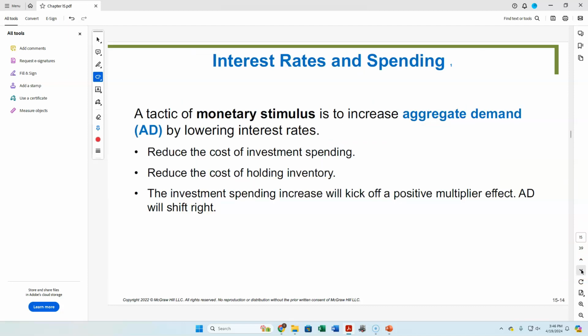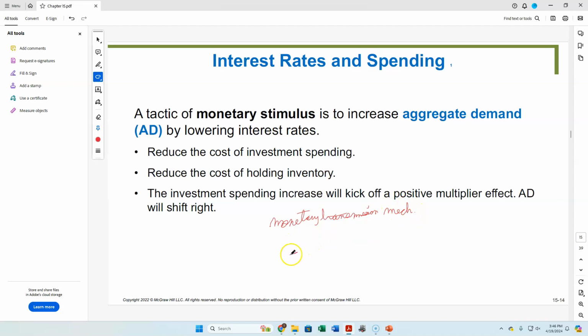When we start to talk about monetary policy, what we're referring to here is this idea that we need to use changes in the money supply, which causes changes in the interest rate, to cause changes in the aggregate demand. This is what we would call the monetary transmission mechanism.